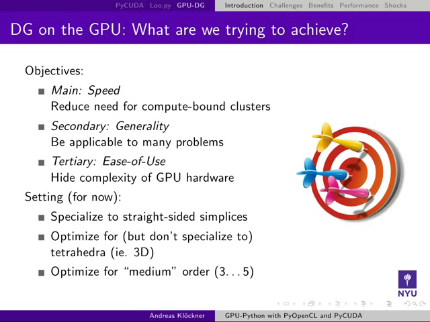We have made a couple of choices coming to this point. We've specialized to straight-sided simplices. It turns out if you were to do this on tensor product elements, it would be a whole different thing. We've looked at that, and I can tell you about it later. And of course, the interesting case is 3D. So if there are decisions to be made, we've made them in favor of the larger 3D elements.